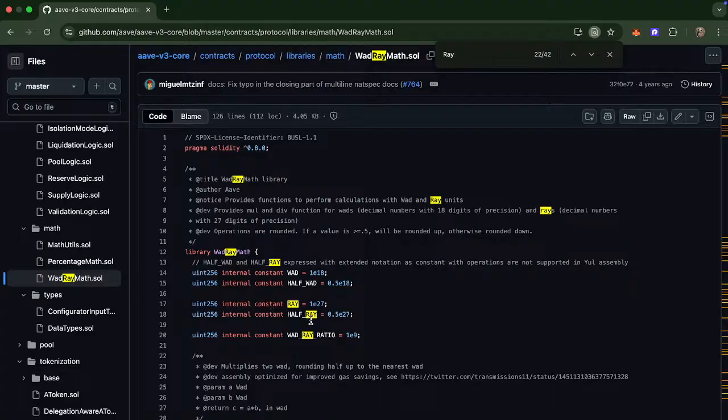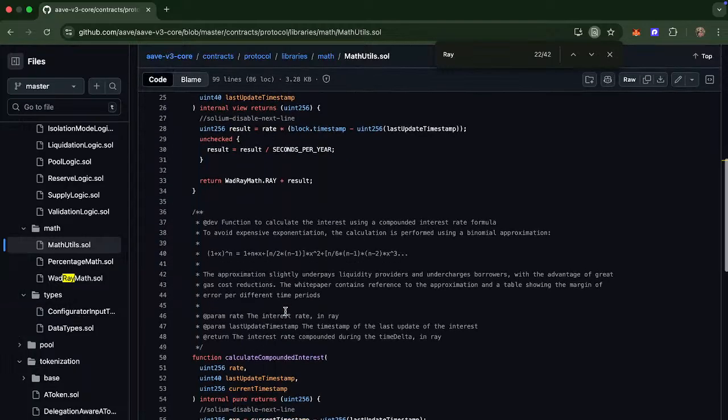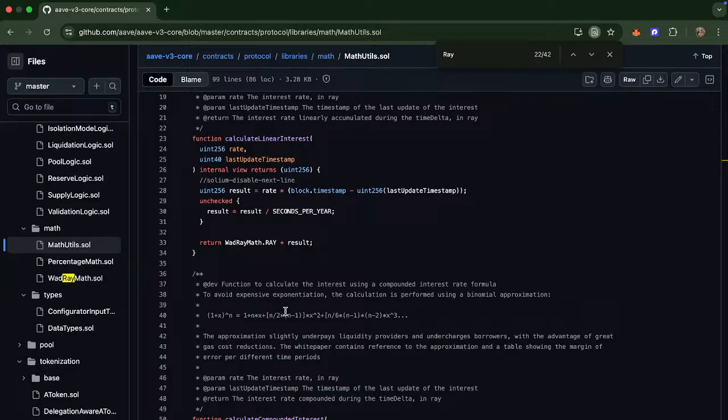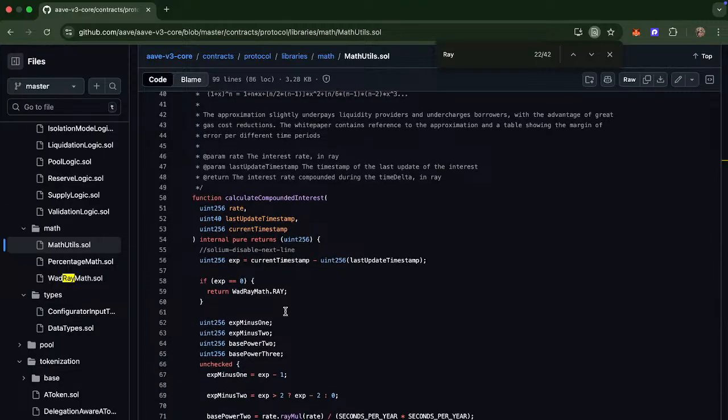Ray is 1 into the power 27. Just to convert it into... Current timestamp we can get from block timestamp, whenever you're calling it.